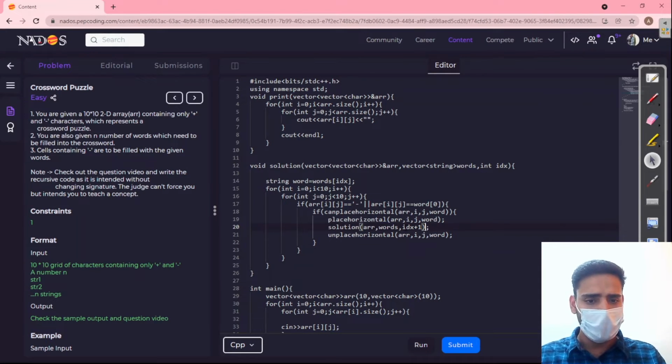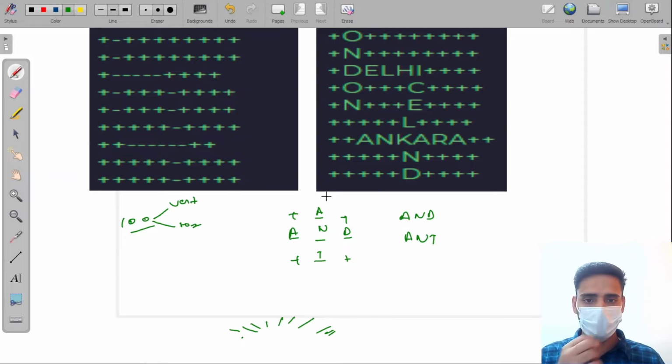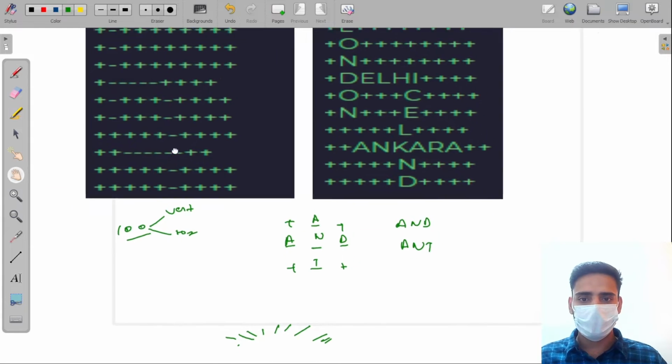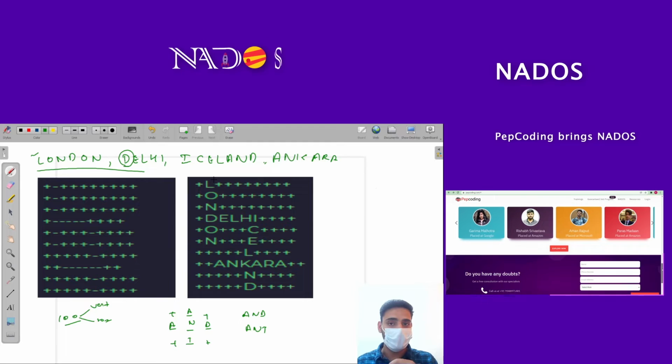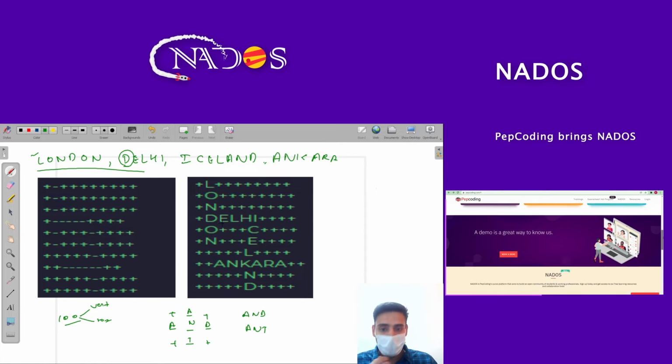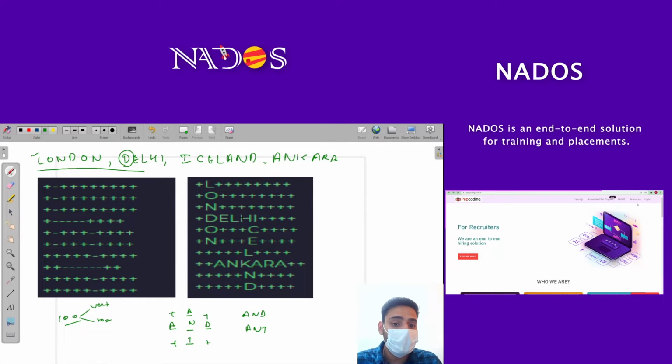Now we have to take care of one more thing here. Let me tell you. When we make a call, we have placed London vertically, right? After that, we place Delhi horizontally. There is no problem in placing the words. When we are backtracking, then there will be a problem. When we are backtracking, we are replacing the letters again with minus.